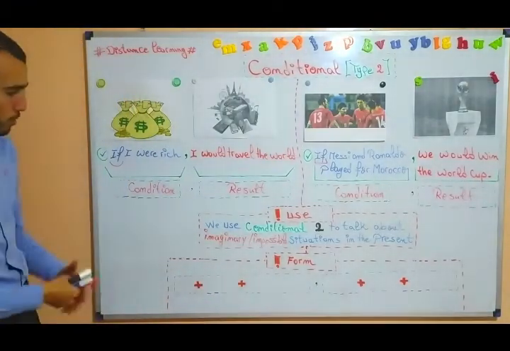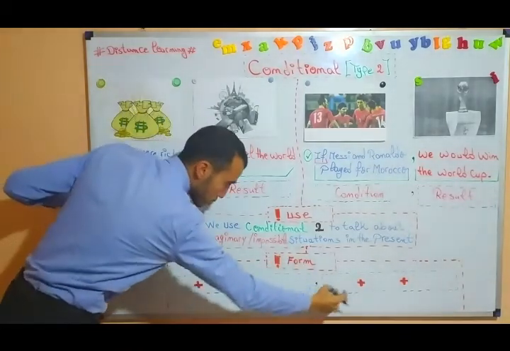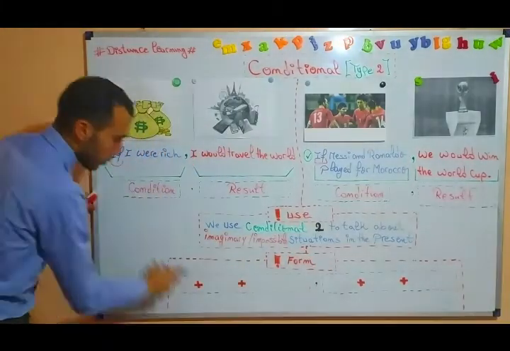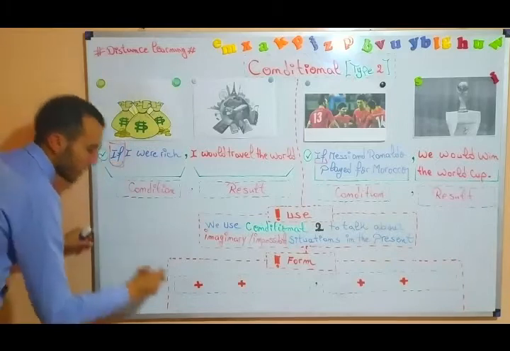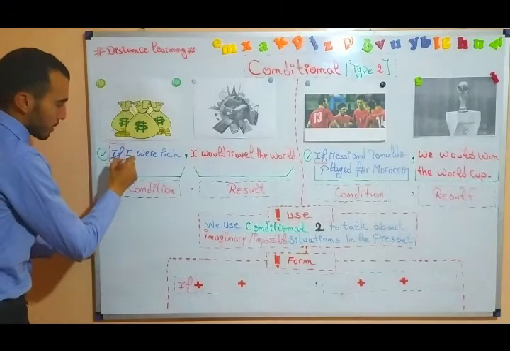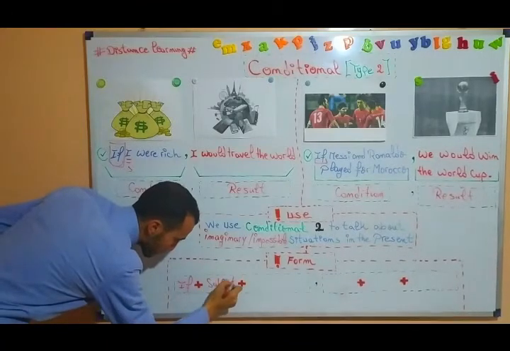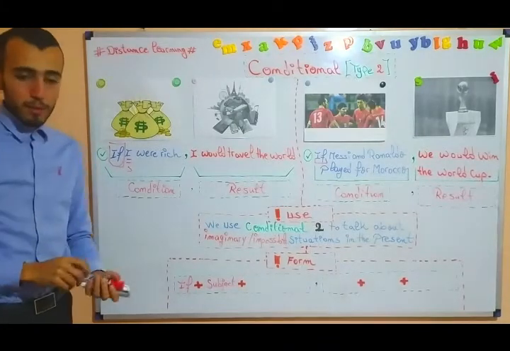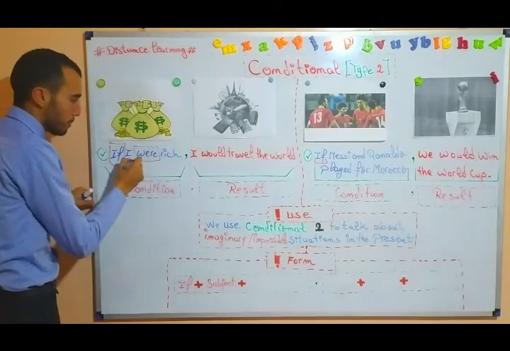Great. So the structure of conditional type 2 again. You could see here, I've separated the two parts. I mean the if clause, usually started with the if plus the subject, and then the most important thing we need to pay attention to, which is the verb form.